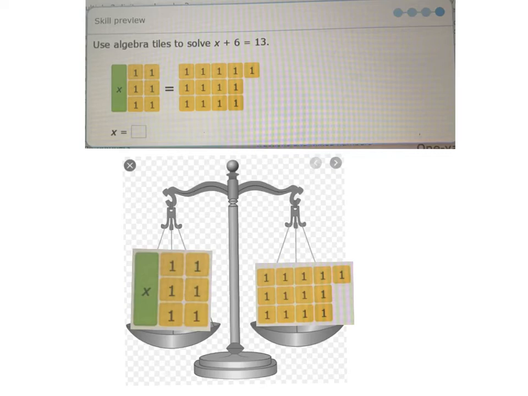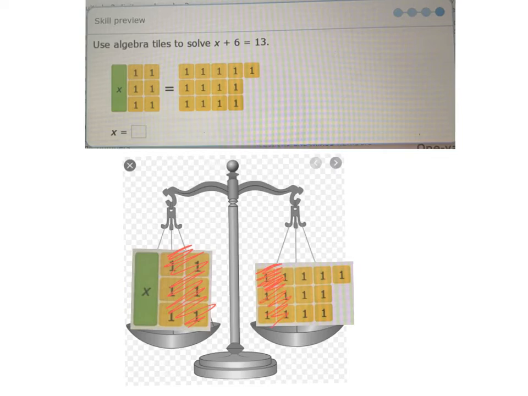So if we're going to keep this even and we want to solve for x, we want to get x by itself and see what x alone is equal to. So in order to do that, I'm going to get rid of these 6 ones. The only important thing to remember is if I take away 6 ones from this side, I also have to take away 6 ones from this side.